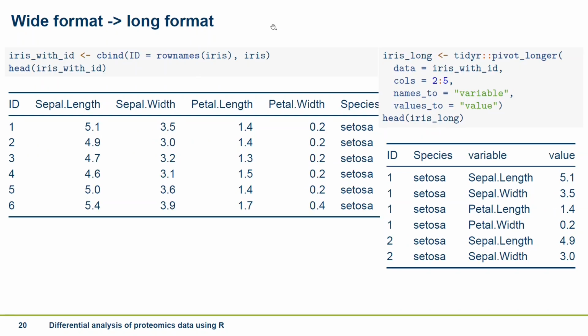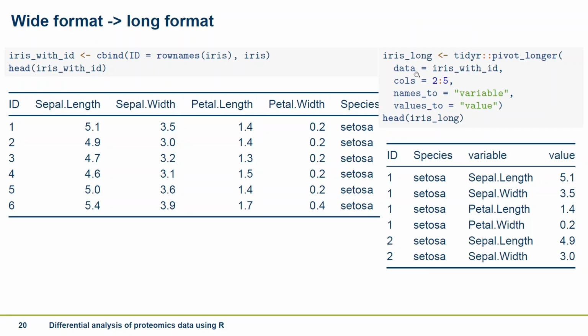Okay, so we will look now into how you can transform your data from the wide to the long format. Here I have a wide format for the iris data set. You can see that I added an ID column. This is just for being able to transform it back later. And what you can do is use the pivot_longer function from the tidyr package.